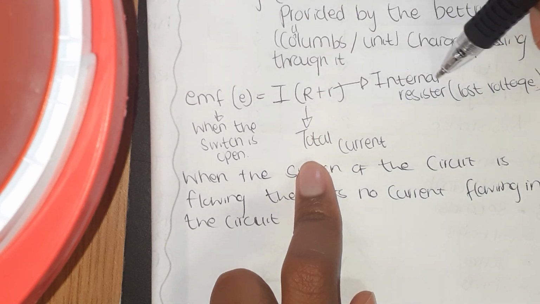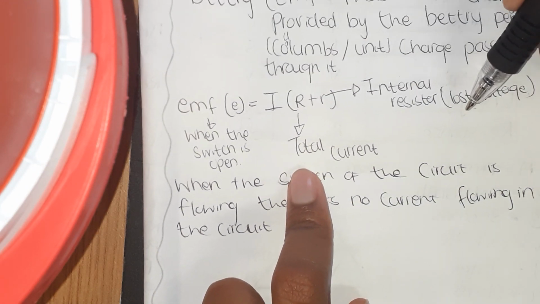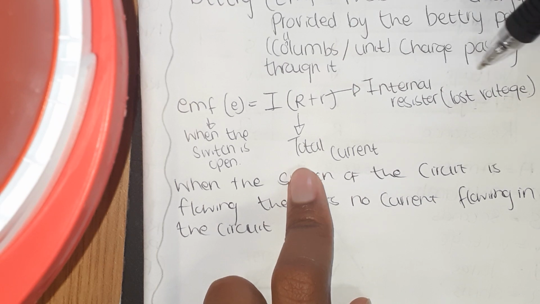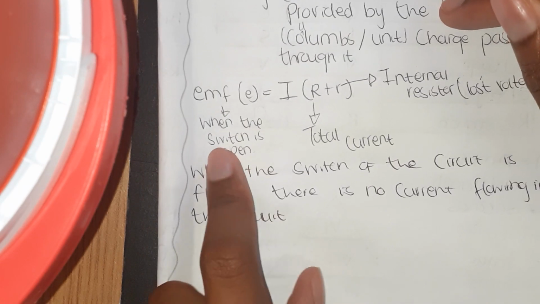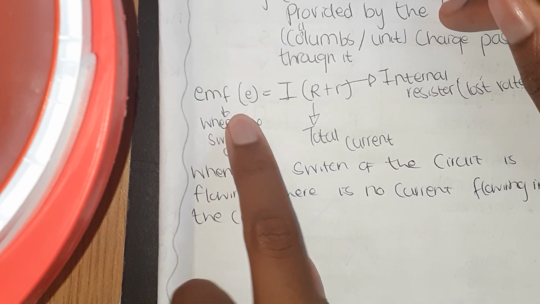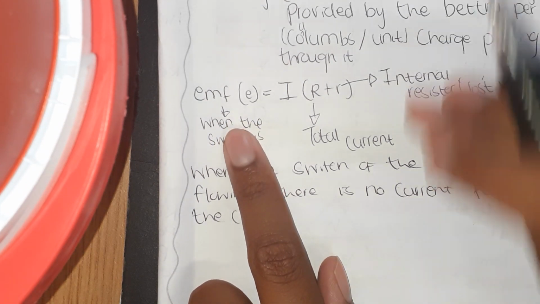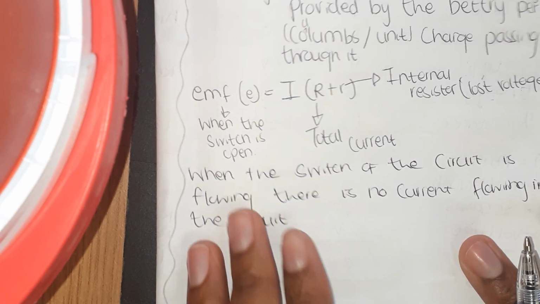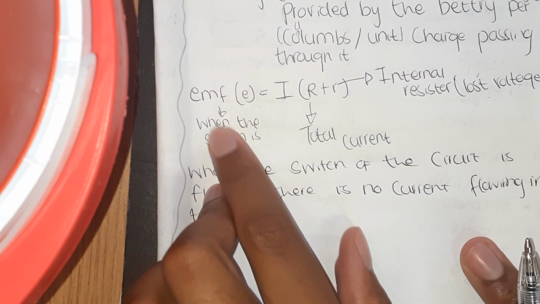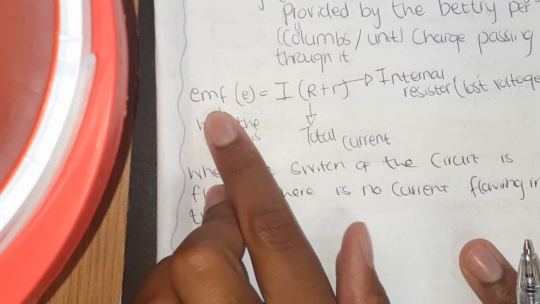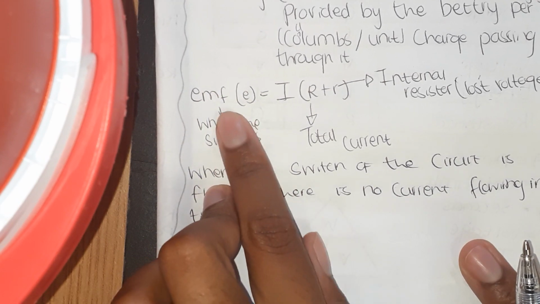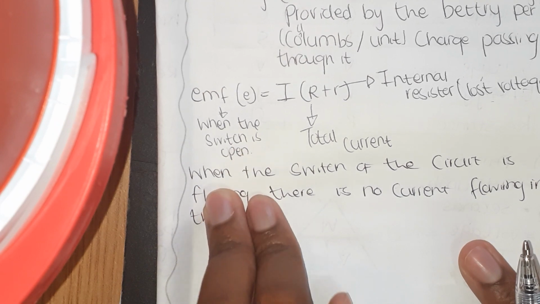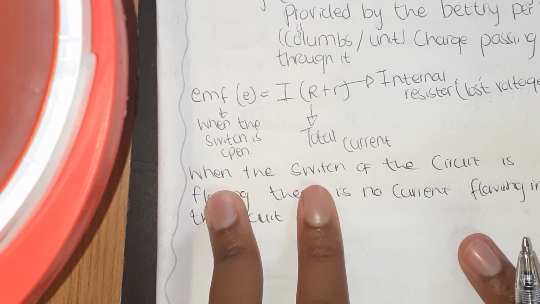This will be the internal resistor, which is the lost voltage. And here, this is the EMF. It's measured in joules. Even if you have work, when they say work or energy, this is the energy. So we are looking for the energy. When we're using the EMF, we're looking for energy when the switch is open, right?